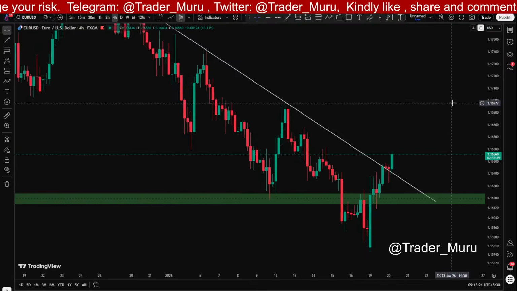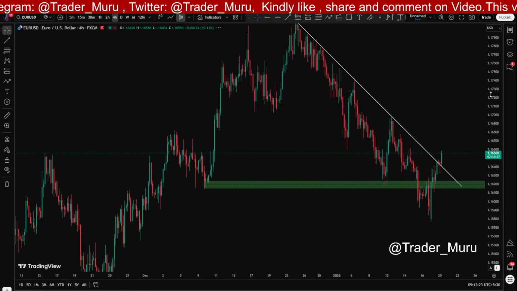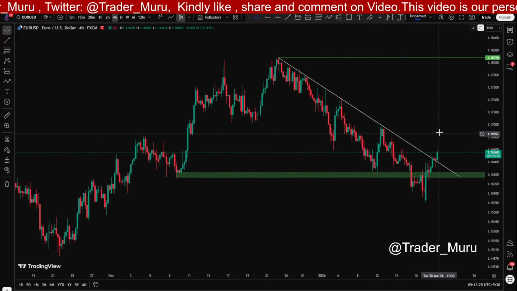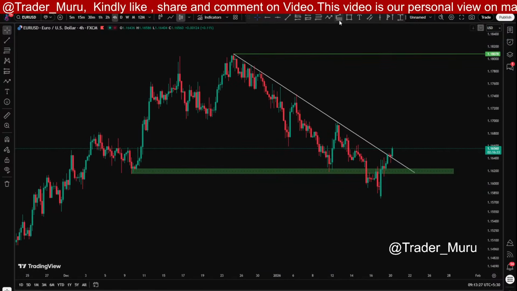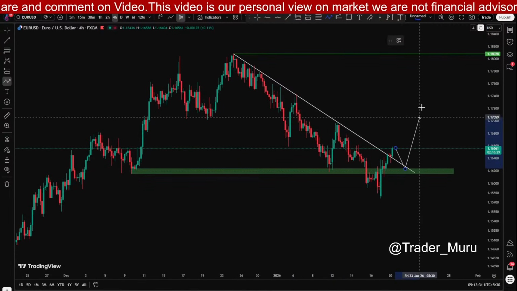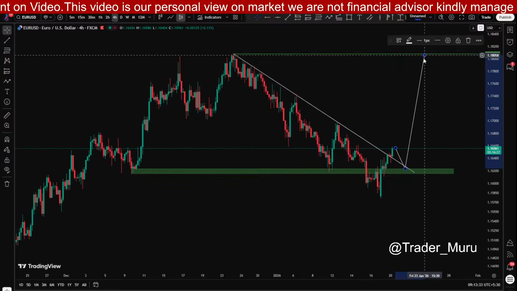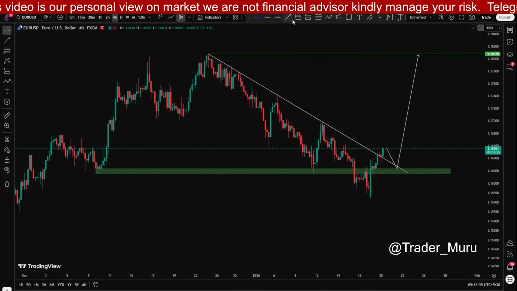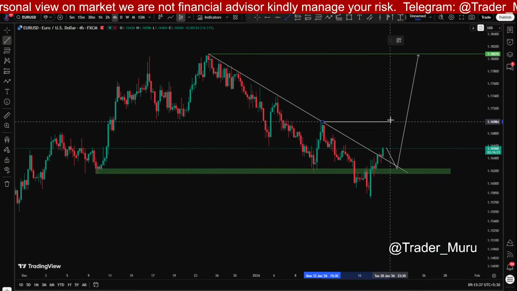Euro is bullish, back above trend line, and this is the trend line which was running from the top. So once we have the test of this zone again, you can buy for this high. If you want a confirm entry, wait for this change of character.